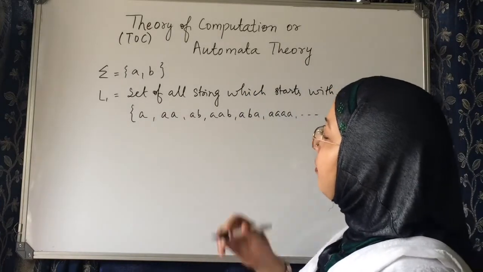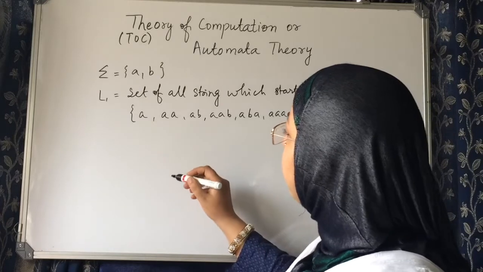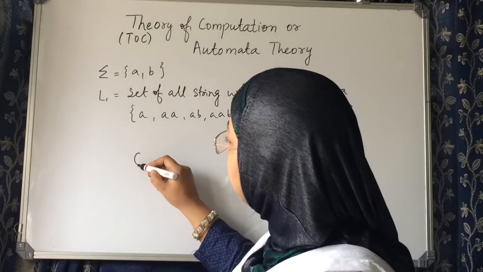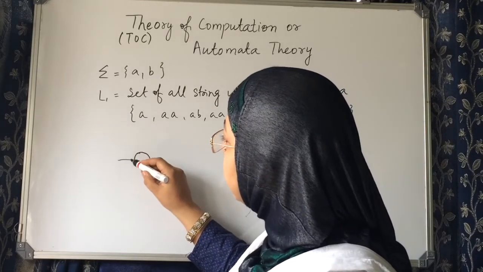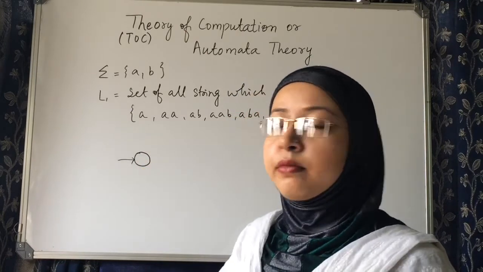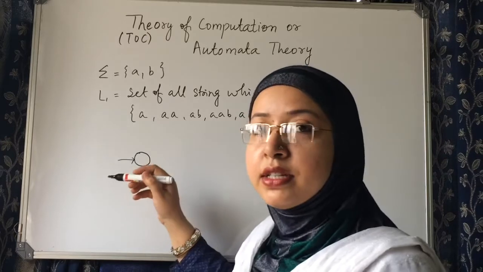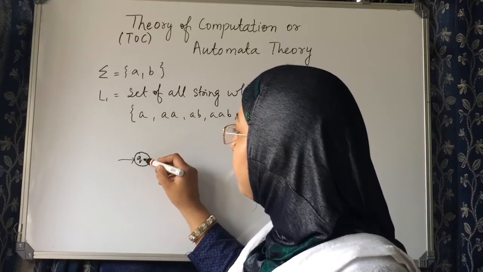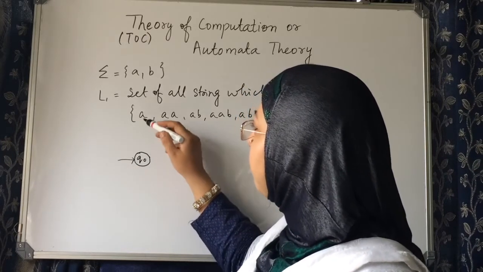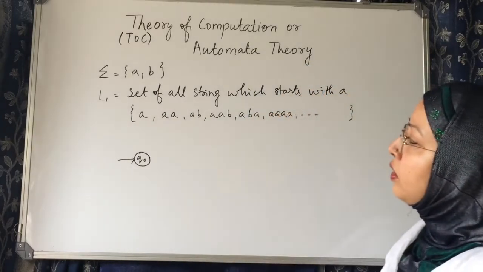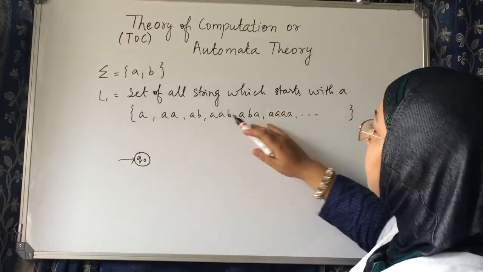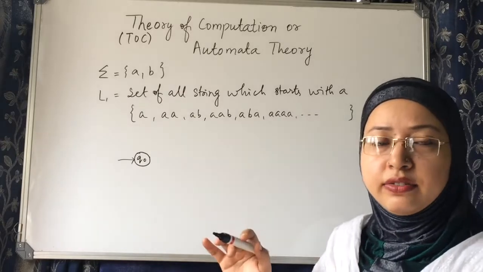Now, if we want to draw its DFA, then how can we draw? For the initial state we will use this symbol, a circle with an arrow, and let's name this state Q0. Now we have to show that these strings can be accepted by the DFA.